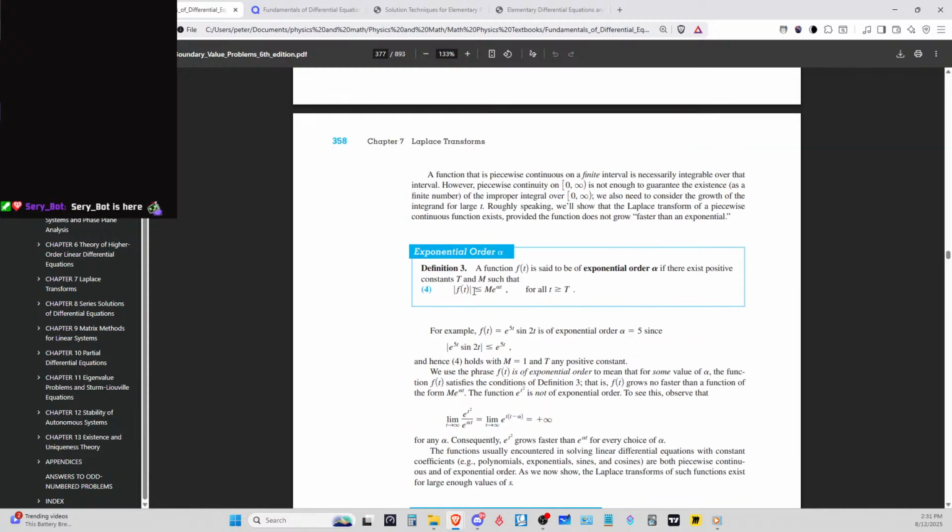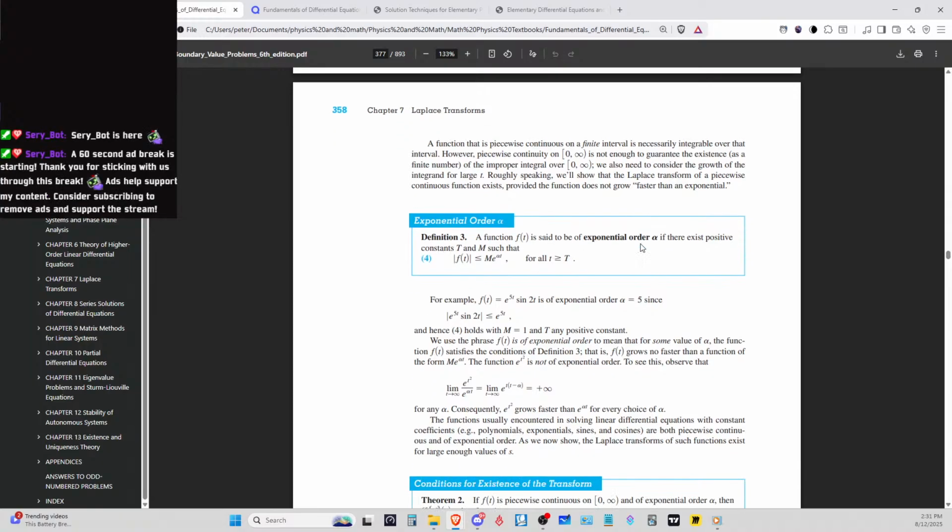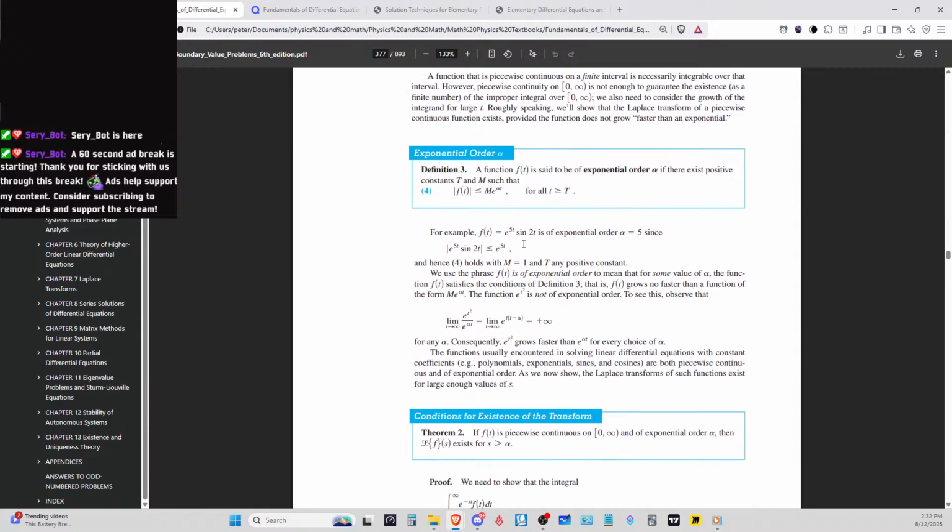Exponential order of alpha. Okay. A function that is piecewise continuous and finite. However, piecewise continuity. So a function is said to be of exponential order alpha if there exists a positive constant t and m such that... For example, okay, here we go.